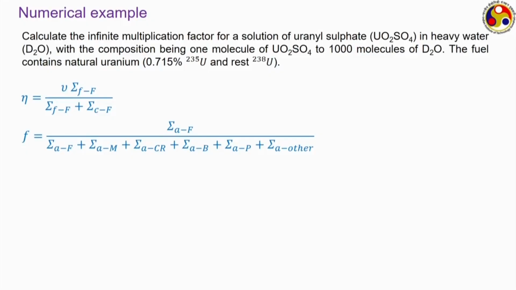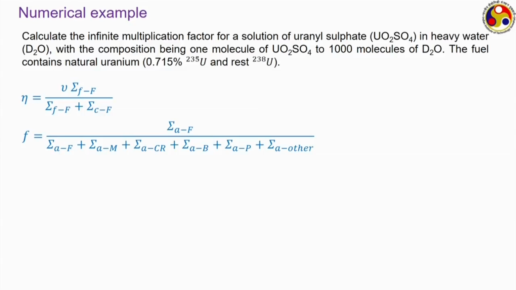Next is the thermal utilization factor. In the numerator we have the total absorption cross section of the fuel. Basically, the denominator which we used earlier is coming here as the numerator. What we have as the denominator for the thermal utilization factor is the total absorption cross section for all elements that can be present.